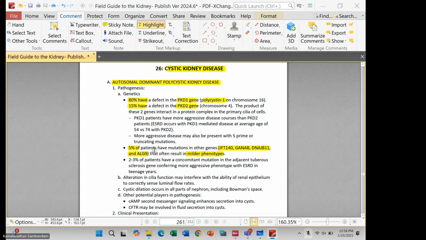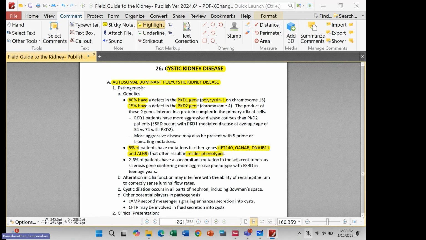Okay. Now, there is some genotype phenotype correlation, not only between whether you have PKD1 or IFT140 mutations or PKD2 mutations, but the amount of gene that's abnormal.